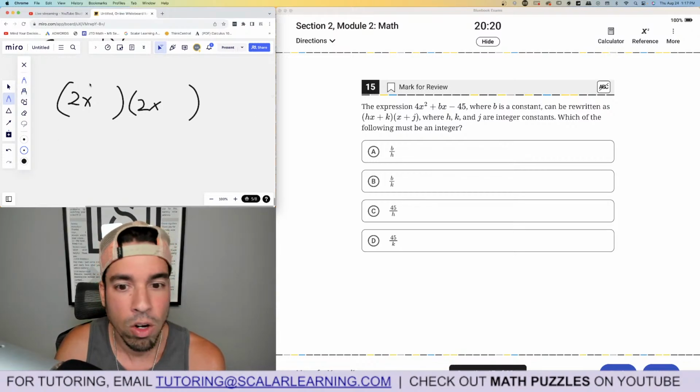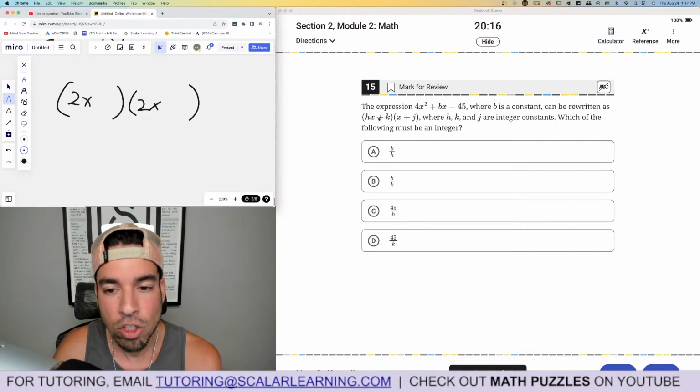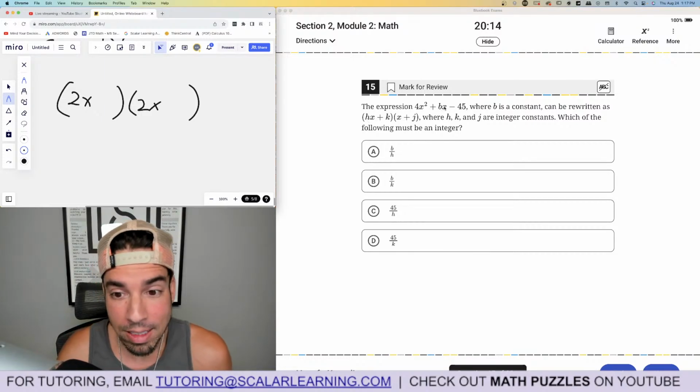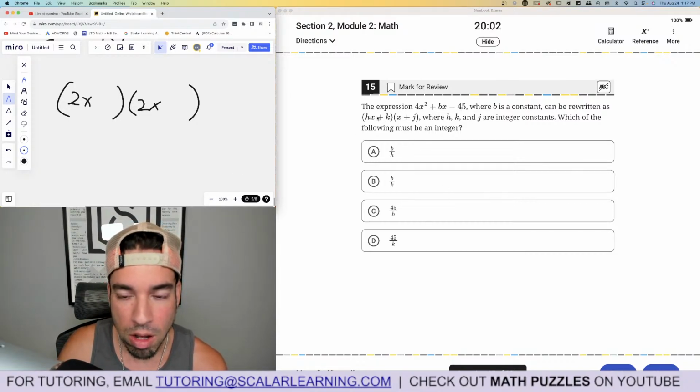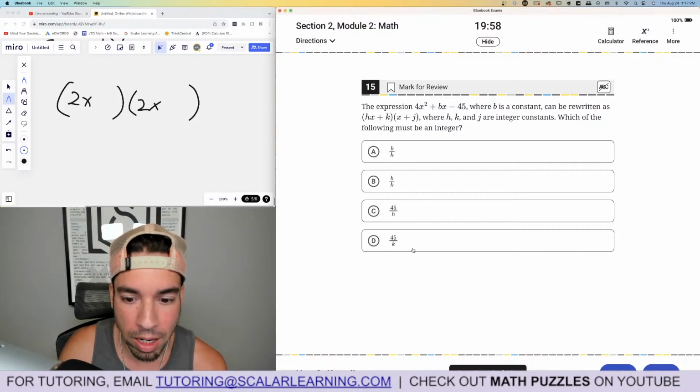I understand. Okay, so here's the deal. To get to this, we have negative 45, right? It's going to be 45 over something. K and J, it's 45 over k. Okay, I figured it out.